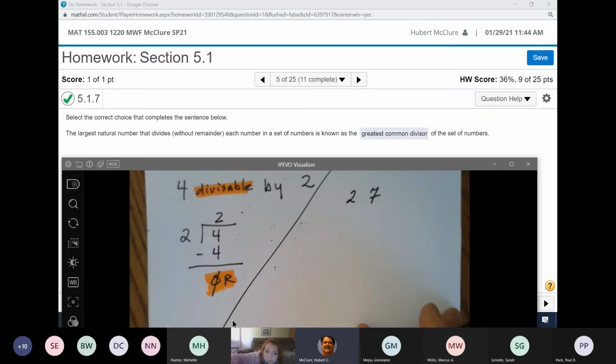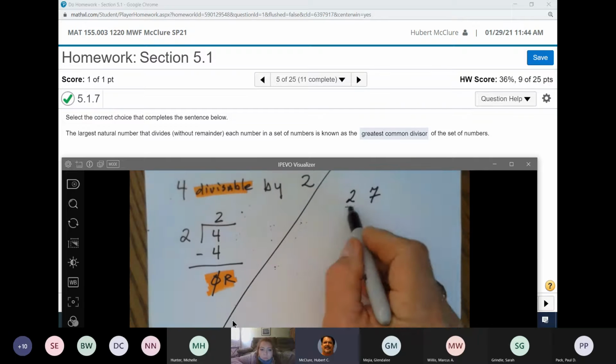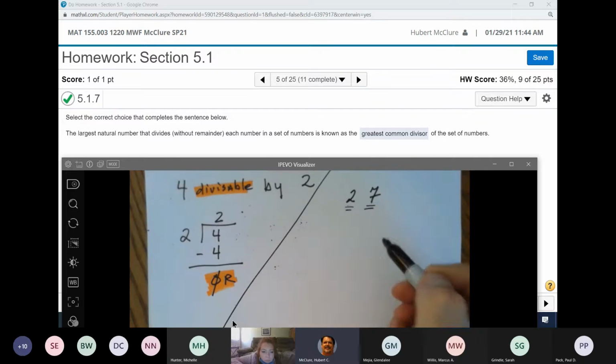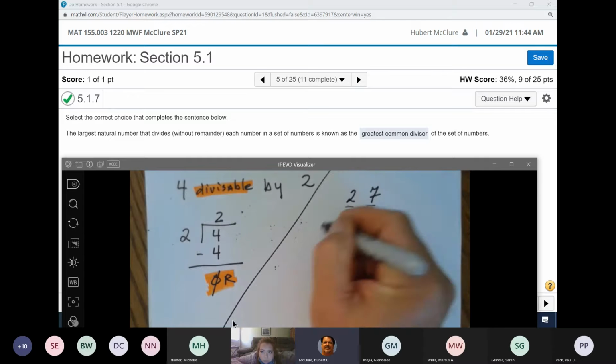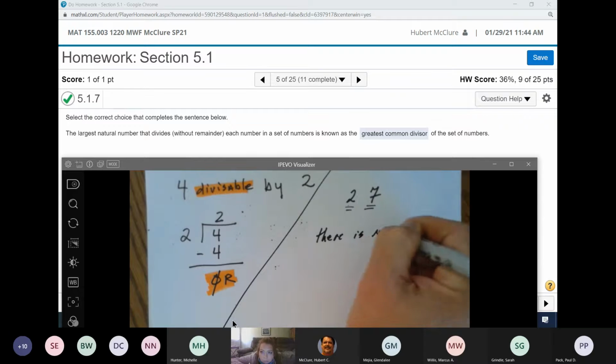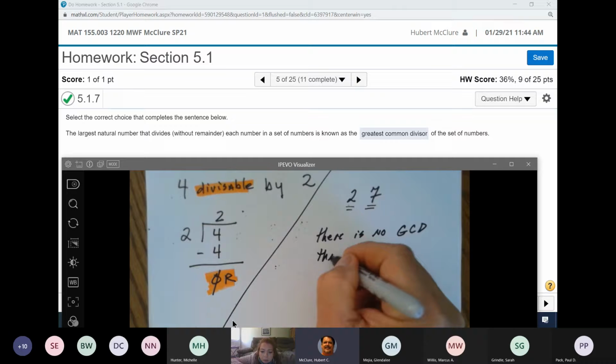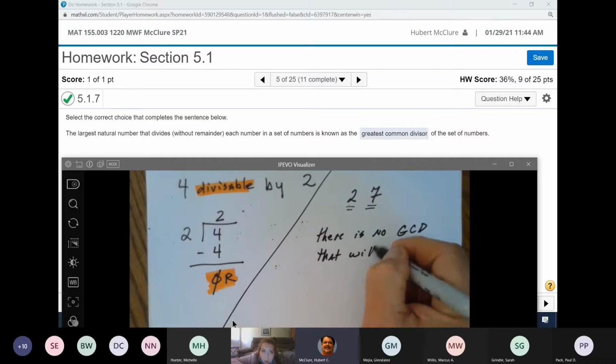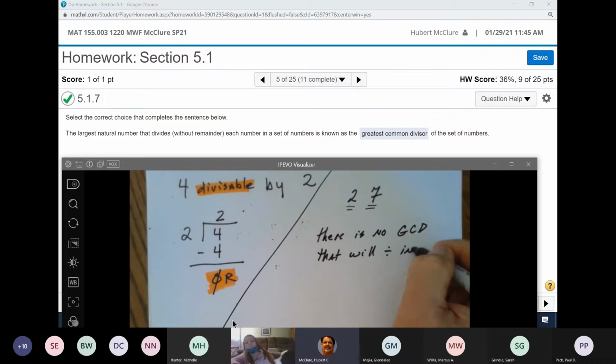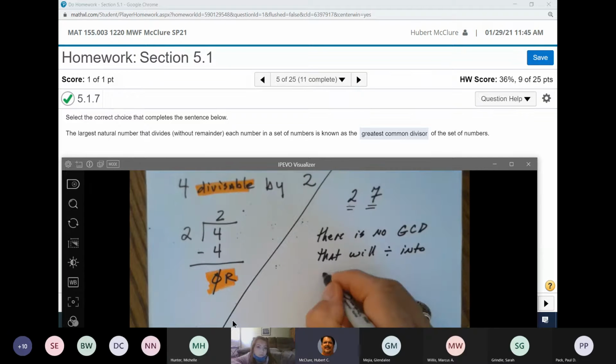Well, it doesn't have a greatest common divisor because 2 is even and 7 is odd. So there is no greatest common divisor that will divide into 2 and 7.